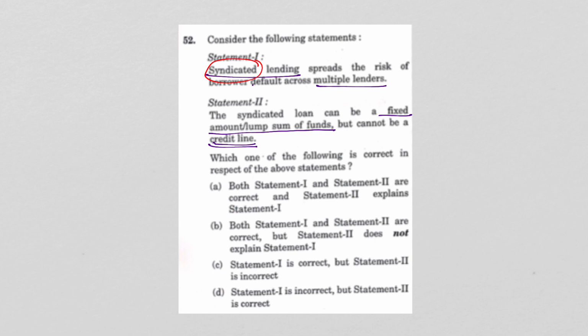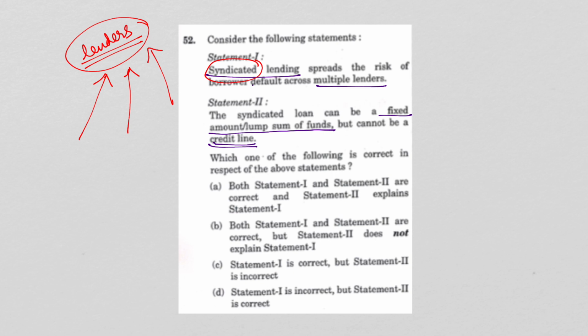Now, syndicated lending in the context of banking means lenders coming together, that is, a few lenders come together. These lenders form a syndicate, and this syndicate lends to a borrower.